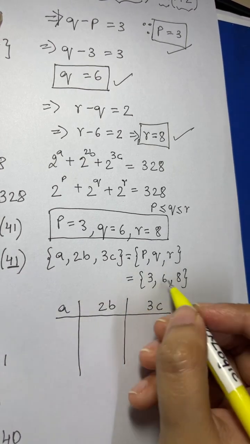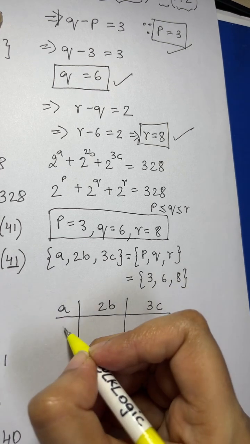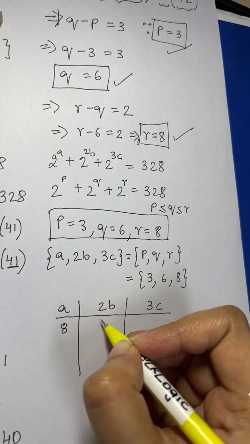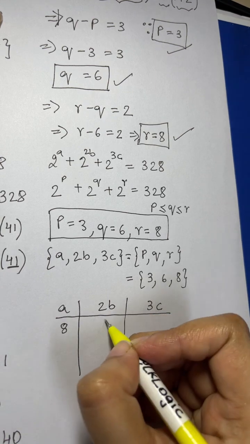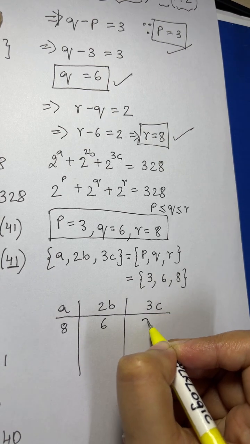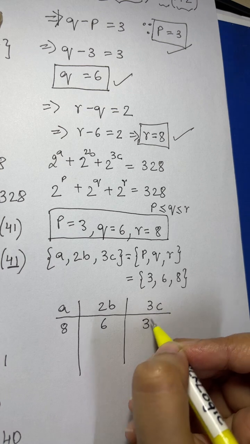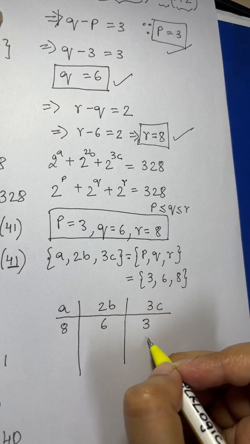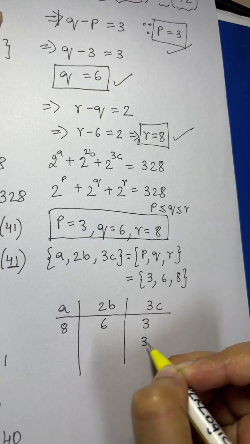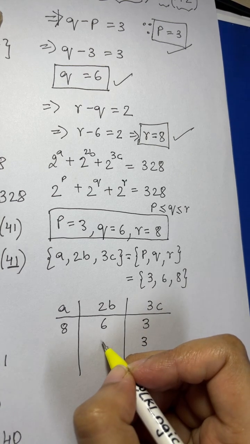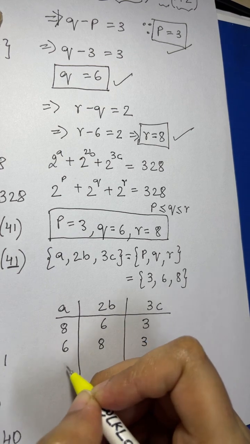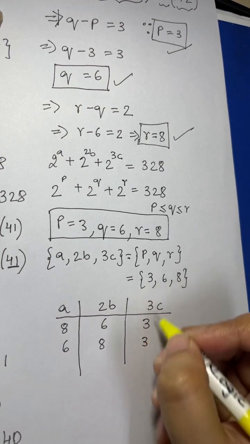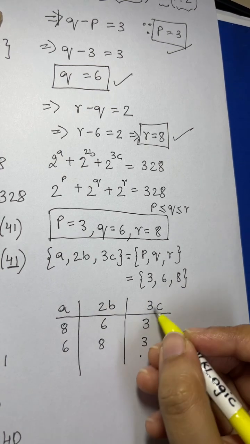So if you take a as 8, 2b will be 6 and 3c will be 3. Now 3 can be a multiple of 3c. Yes. Next, if you take 3 as 3c, then this can be 8 and this can be 6. Next, you can take 6 as 3c, since 6 is a multiple of 3.